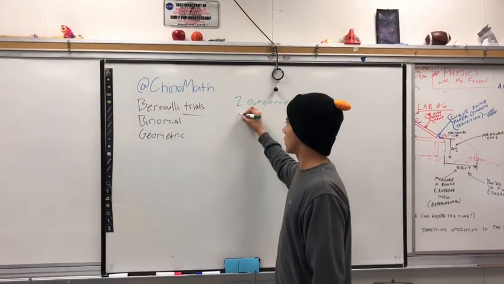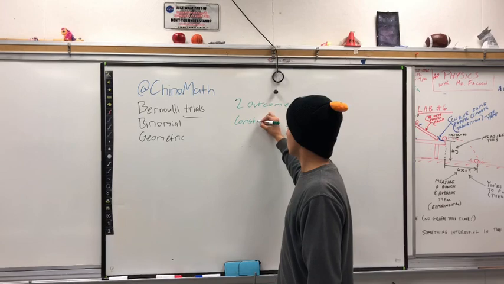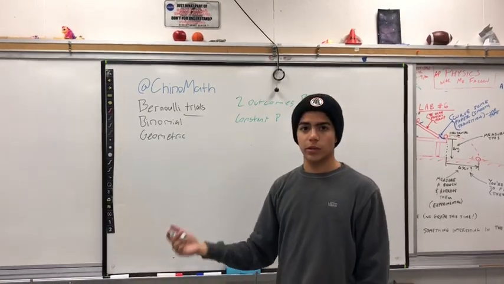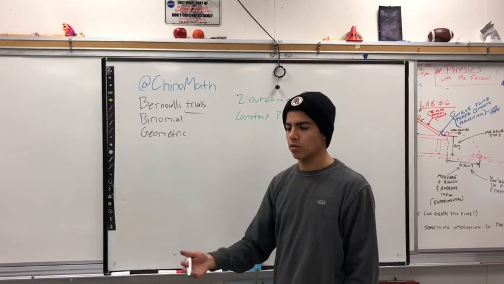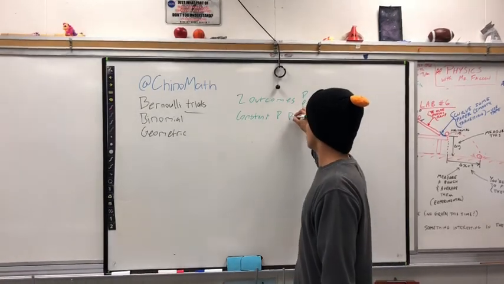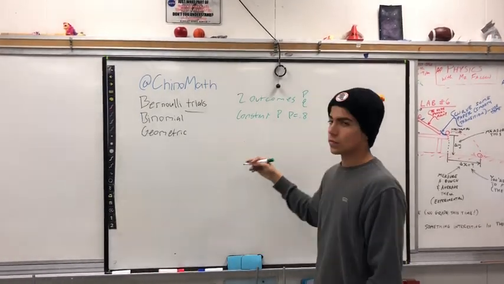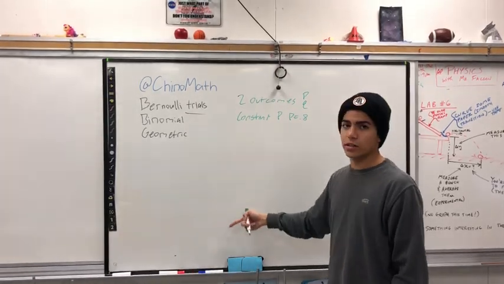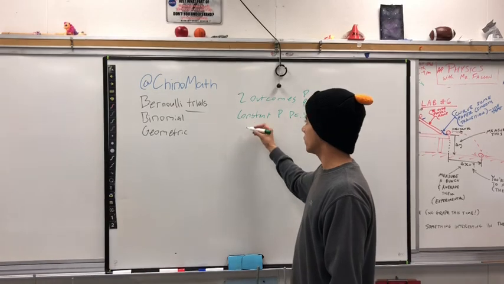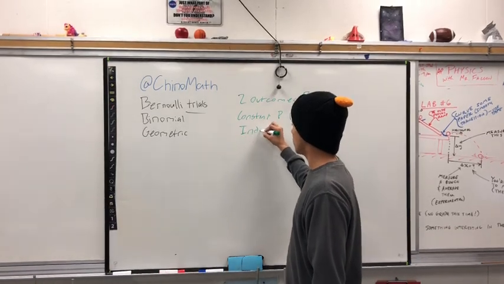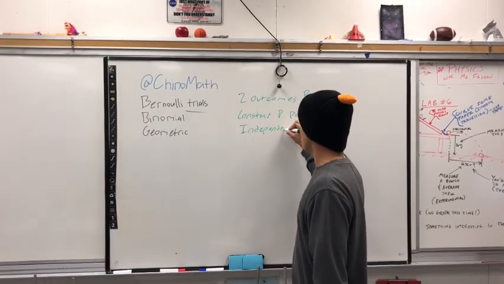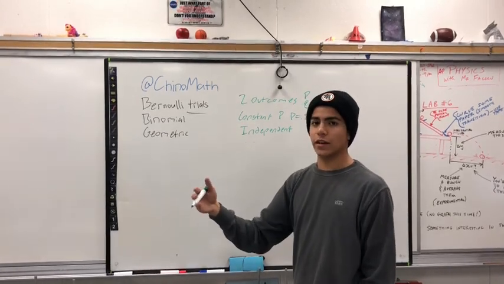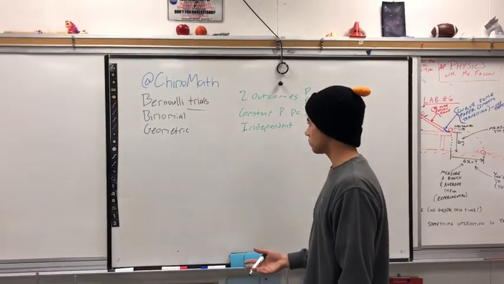They're also constant p, meaning that the probability of success remains the same throughout, such as p equals 0.8. That means there's an 80% chance of success, and that should remain constant throughout each trial. And finally, the trials must be independent, meaning that the outcome of one trial should not affect the outcome of the next.